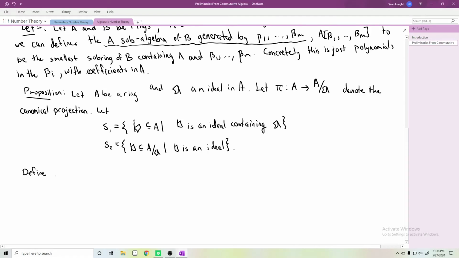Define pi star from S2 to S1 by pi star of an ideal is the preimage of that ideal under pi. Then pi star is a well-defined bijection.